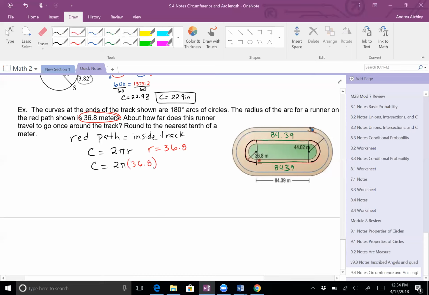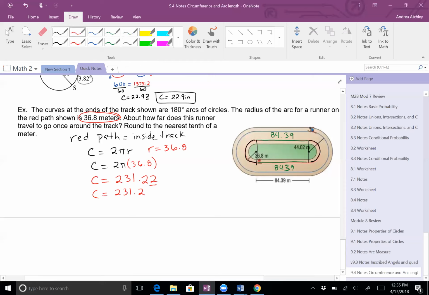So let's do that math. And I've got that circumference to equal 231.22. Does the 2 make the 2 go up? No. So circumference equals 231.2.